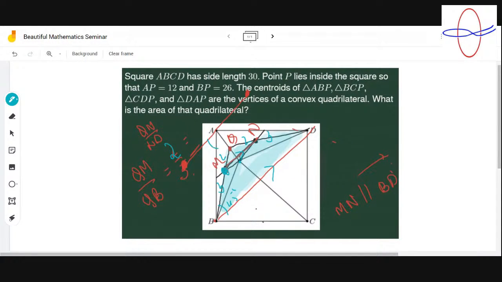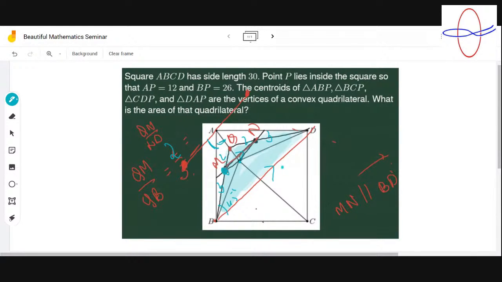But is this 45 degrees? This is not 45 degrees. This angle is the same as this angle, which may not be 45 degrees. Right, Sauradip? So therefore it is not parallel to that.